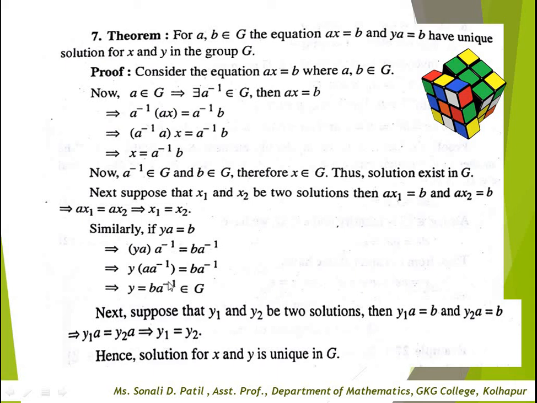So YE is equal to B A inverse. Then by using the identity property, what will we get? Y is equal to B A inverse, which belongs to G. Next, suppose that y1 and y2 are two solutions. Then y1A is equal to B and y2A is equal to B. So this implies that y1A is equal to y2A, and so y1 is equal to y2. Hence the solution for X and Y is unique in G.